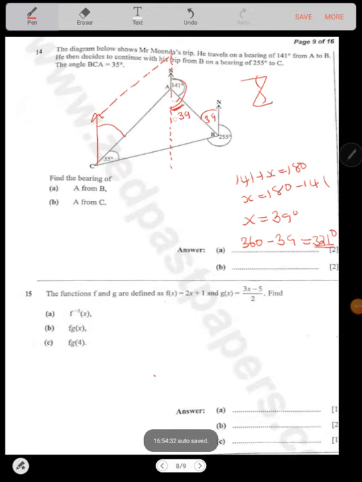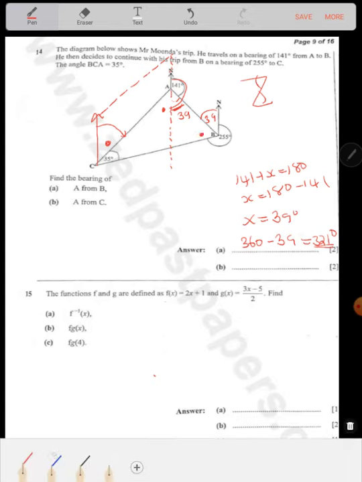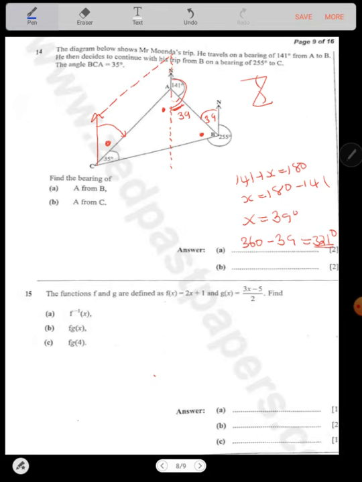Now, since we have identified that this is angle 39, for us to know this angle, it will help us also know the angle that we are looking for. So we're looking for this angle, remember. Therefore, we need to know what this angle is as well. So we know that the whole of this up to here is 39 plus 255.